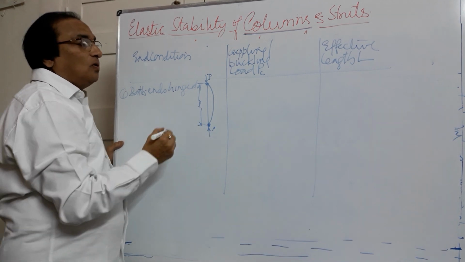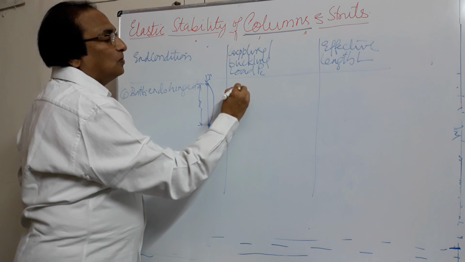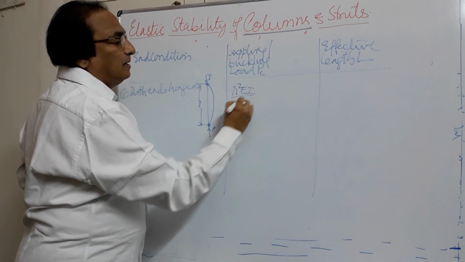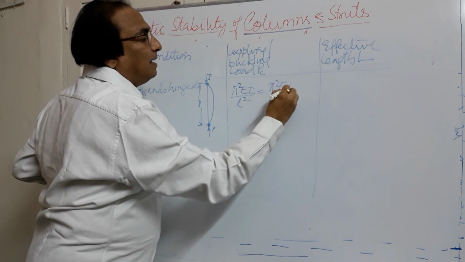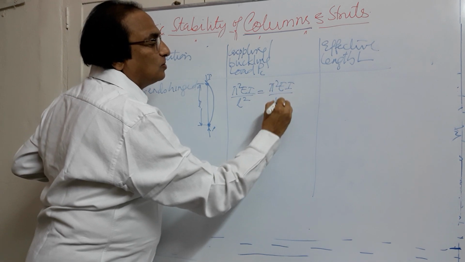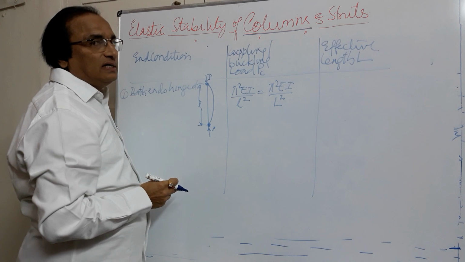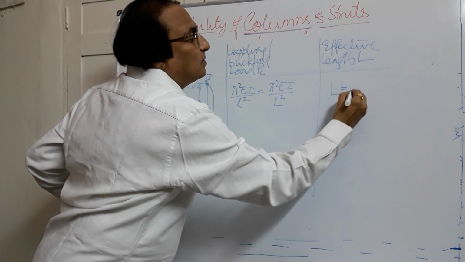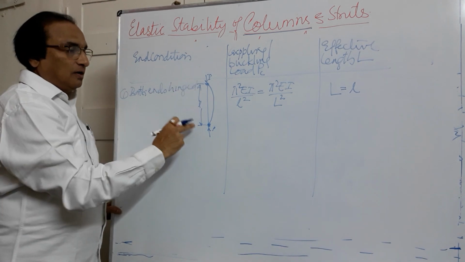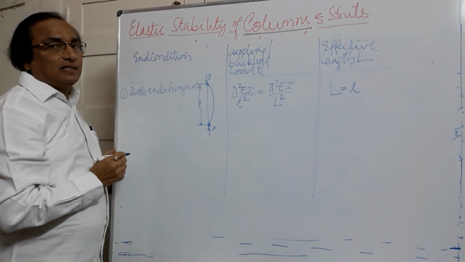Now the formula what we have derived is pi squared EI by L squared. This happens to be pi squared EI by capital L squared. We have defined it as effective span. So what is the effective length here? L is equal to the actual length of the column.